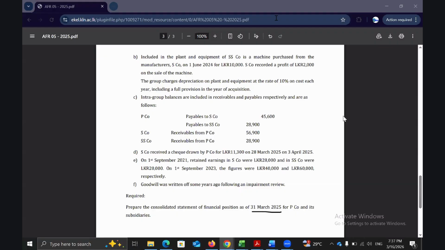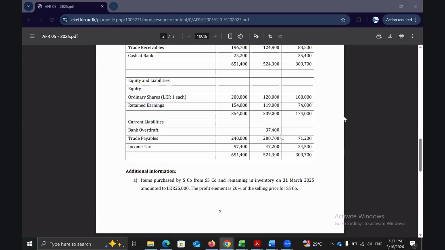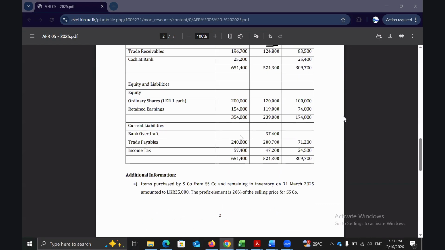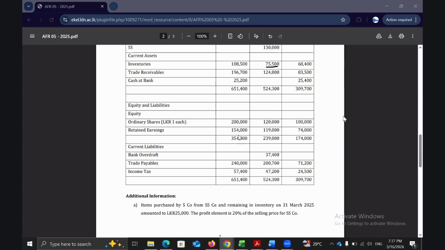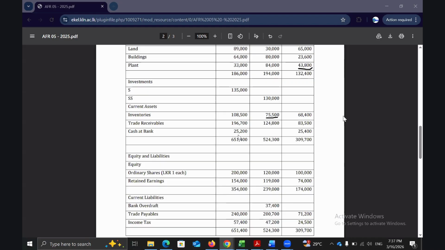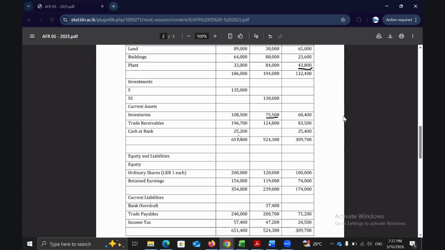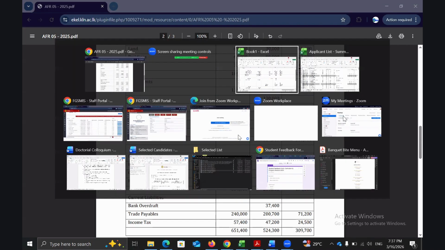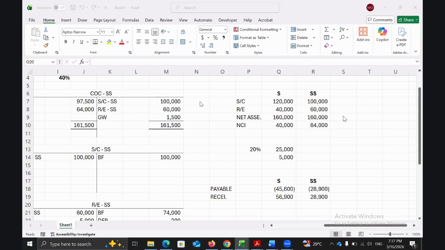P. Then in P's bank balance, should it increase or decrease?